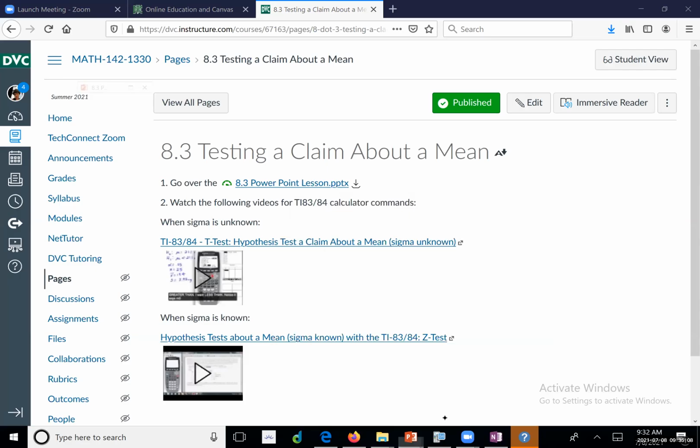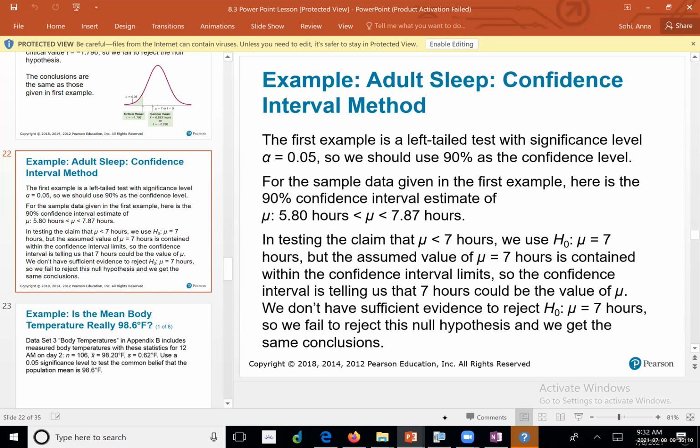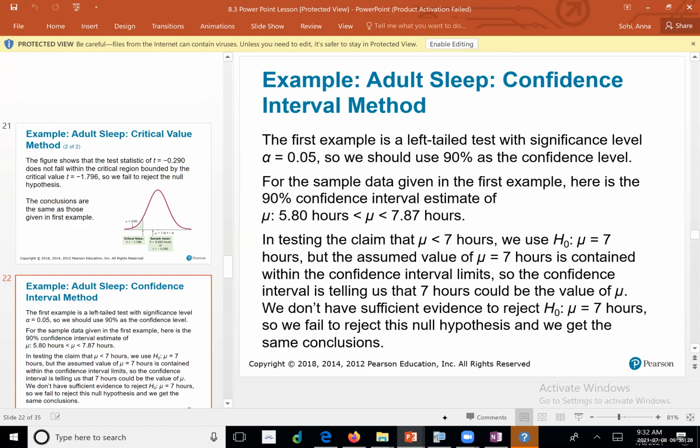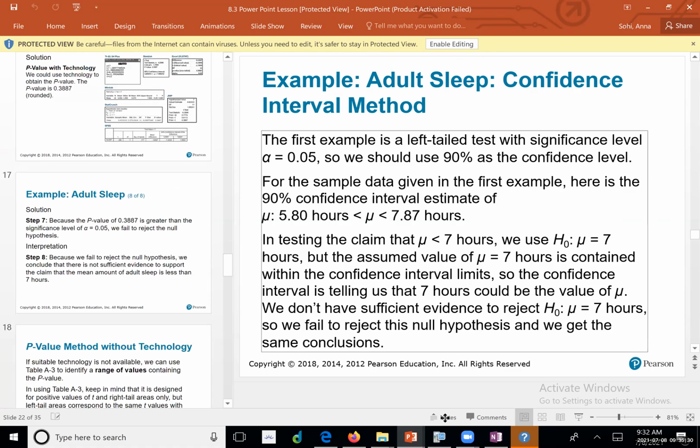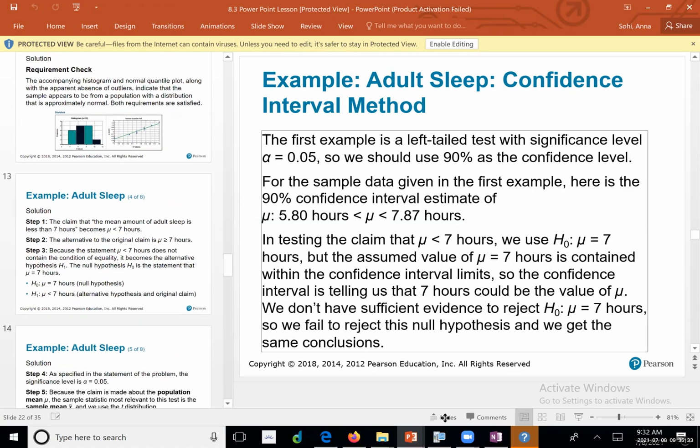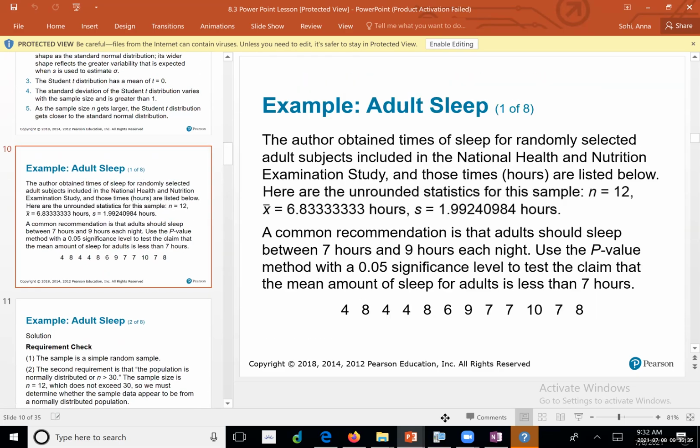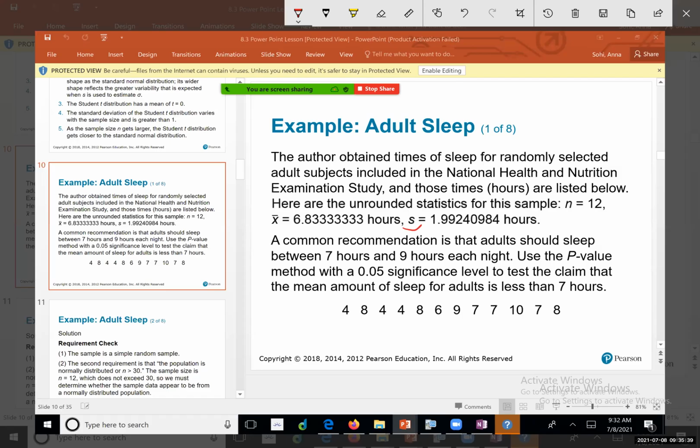Let's just do one more. That's for when sigma is unknown. For none of these did you have sigma, meaning when they gave you the number of hours people sleep. Let's go here. You have S, but you don't have sigma.